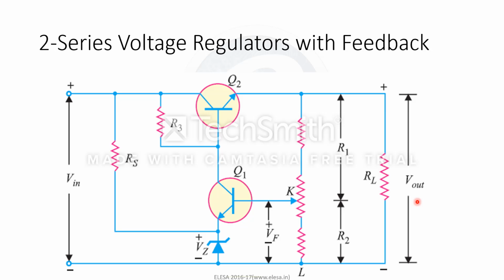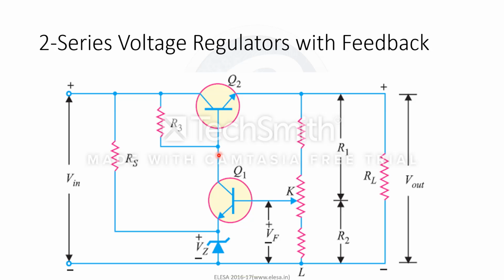As a result, the voltage across R2 increases. This in turn means more VF is fed back to the base of transistor Q1, producing a large collector current of Q1.